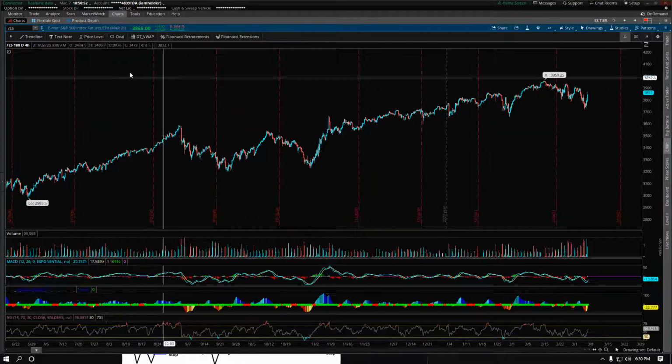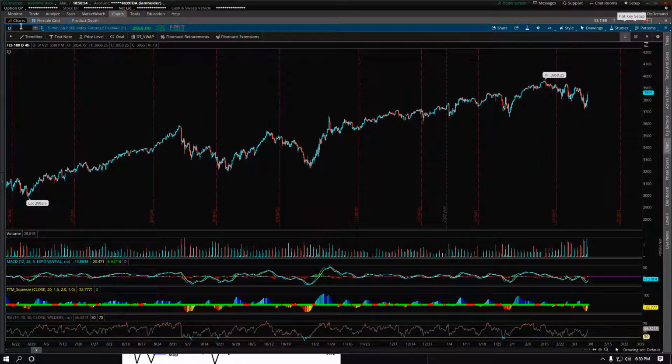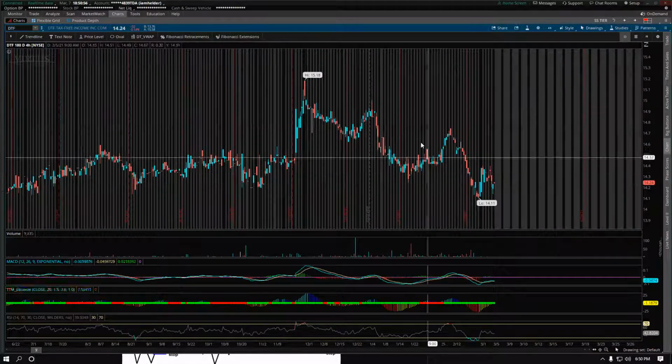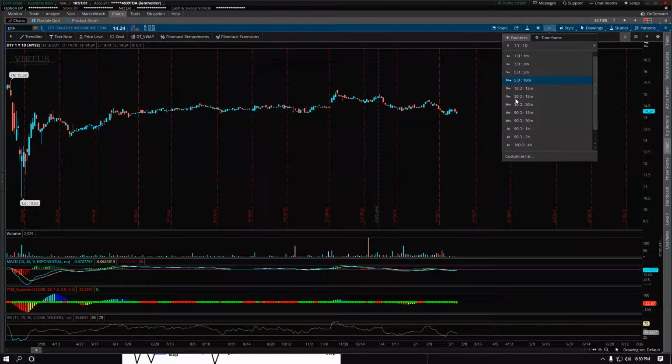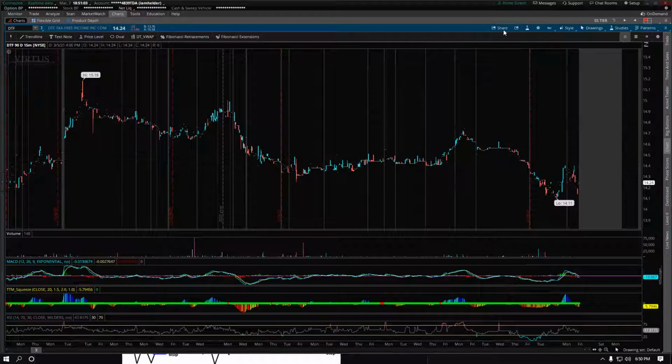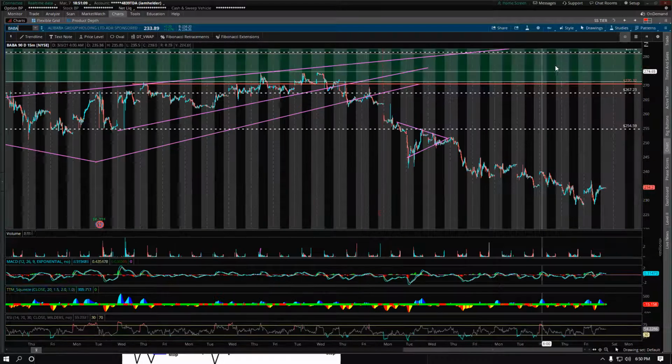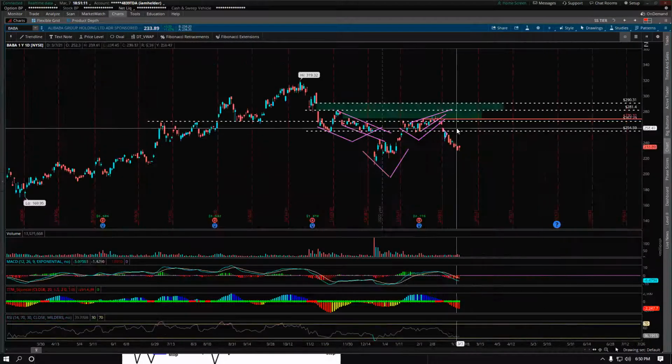I'm just going to use a scanner. Trash. Give me 1 second. I think BABA had one before. This is inverse.